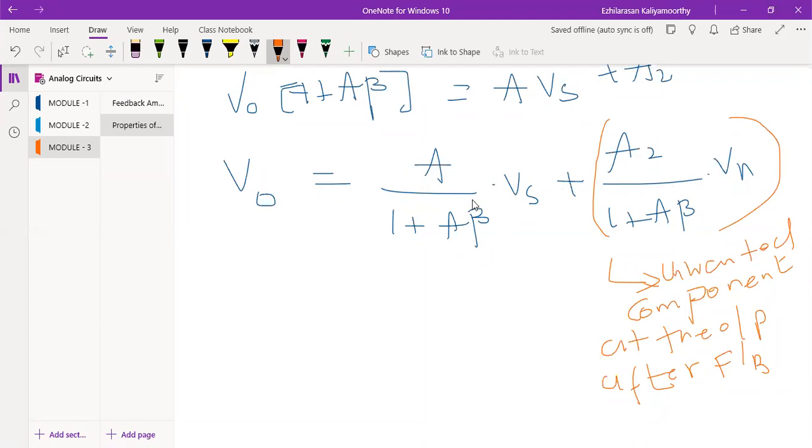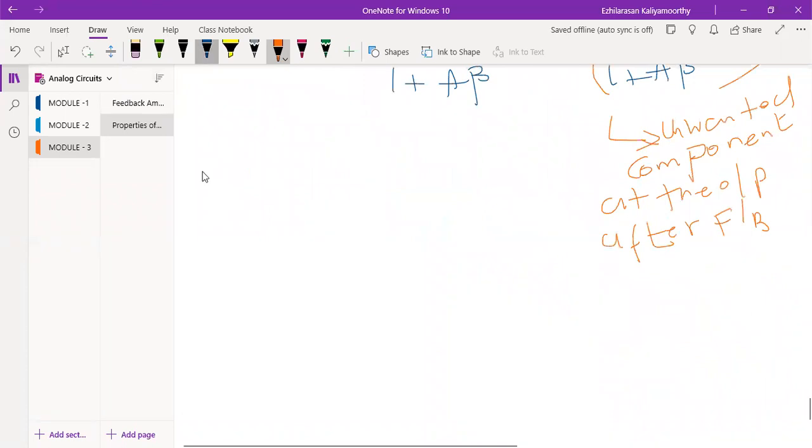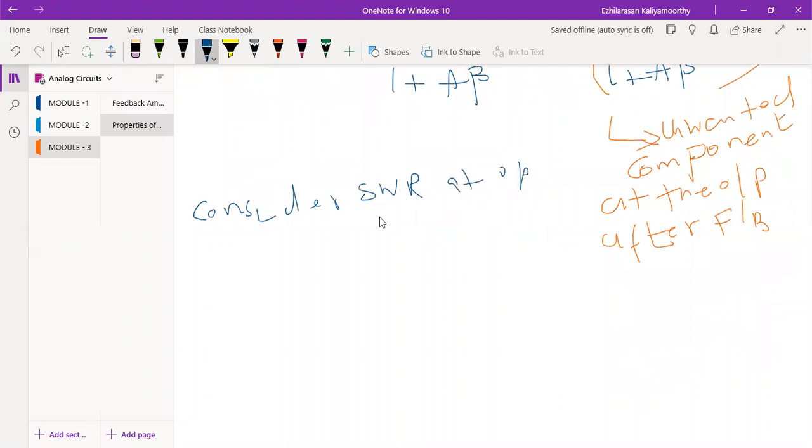So now let us consider the signal to noise ratio at the output. We may think, what is signal to noise ratio? Let us define SNR.